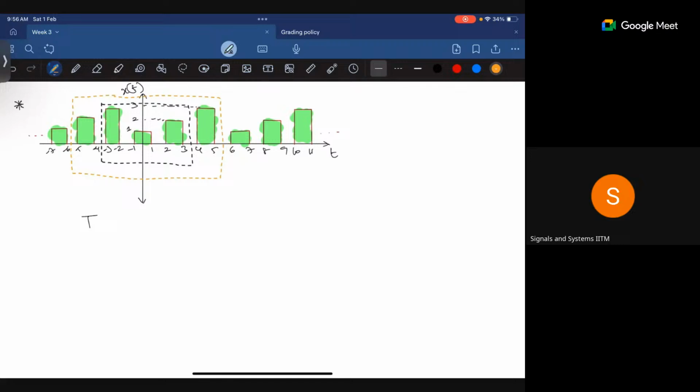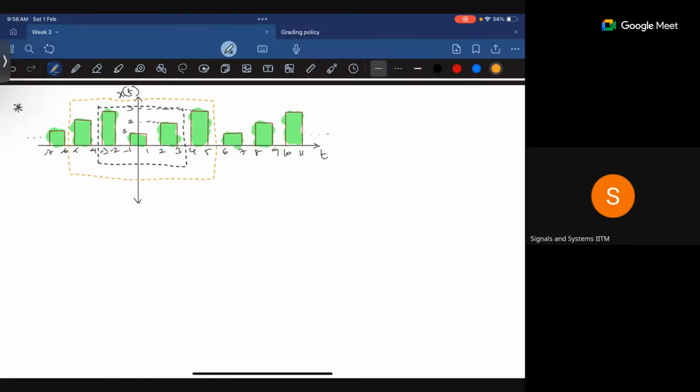Okay, so that will give you the power of the periodic signals. So what do I mean by that is, so you have your energy, right? So what is the energy? Minus infinity to plus infinity.